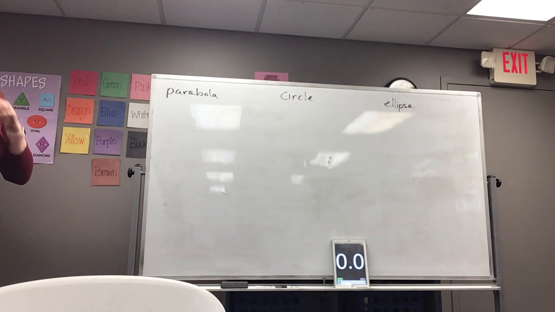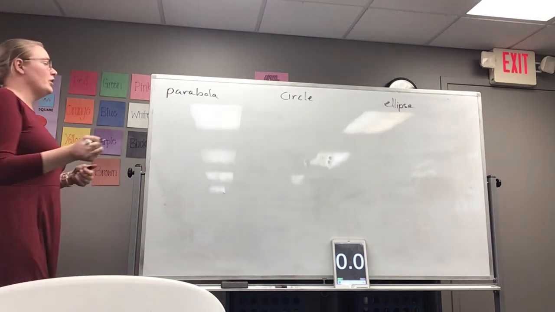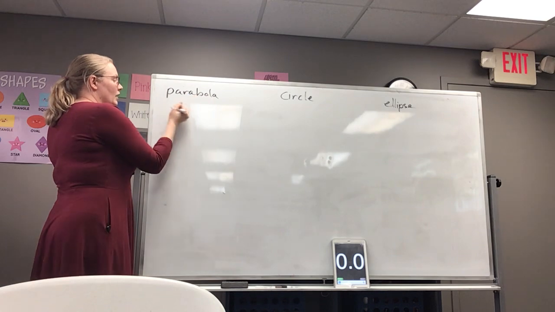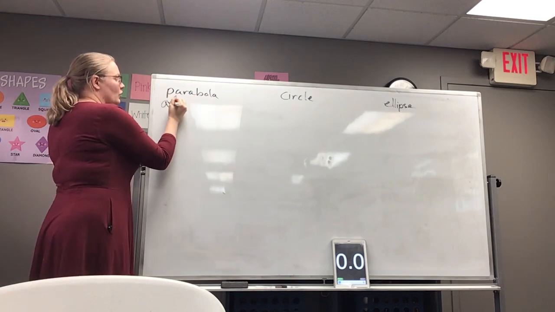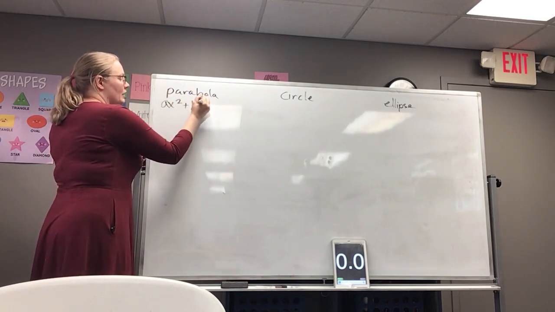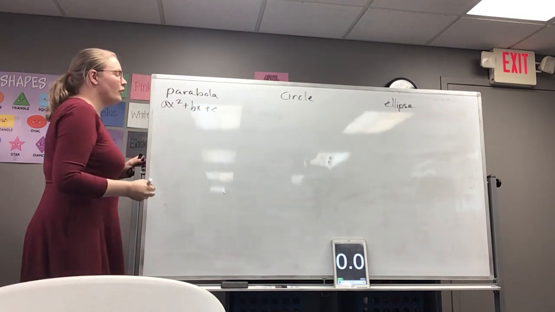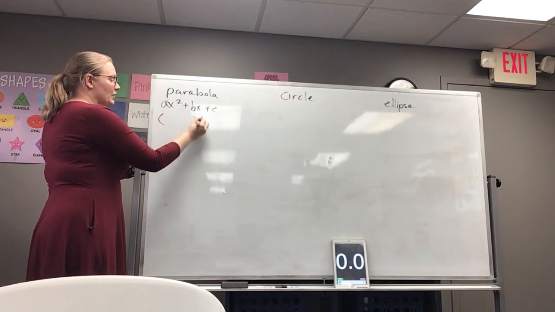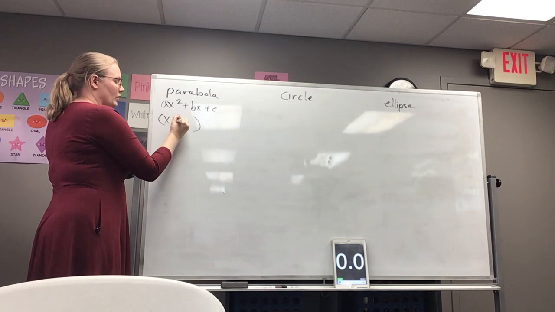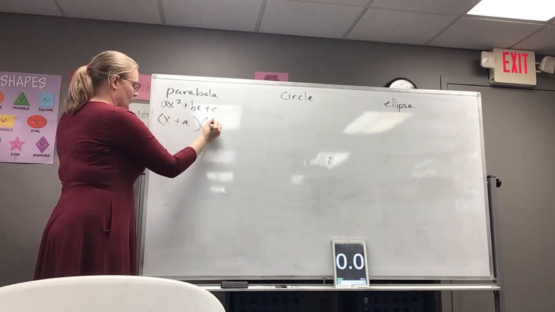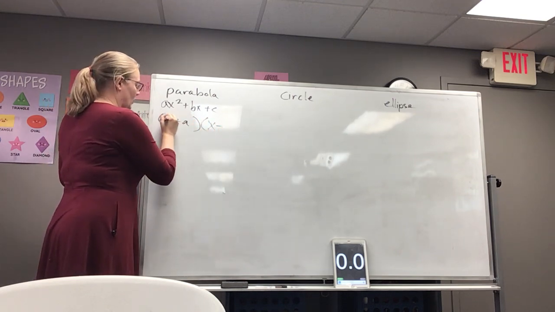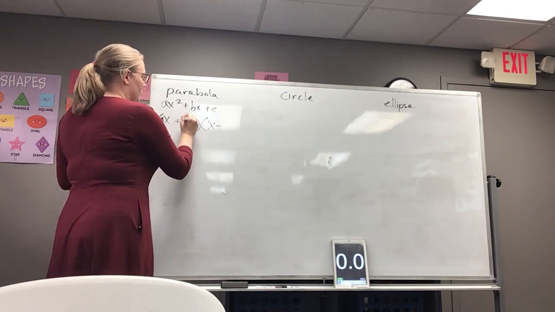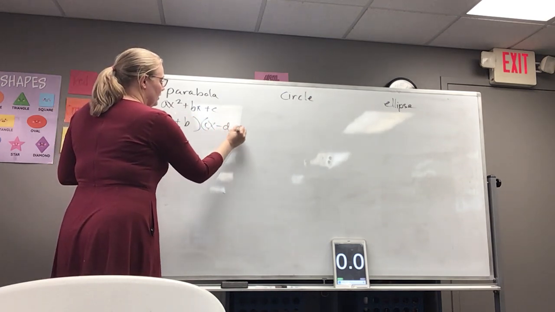So, parabola, again, we've talked about the ax squared plus bx plus c form. We've talked about the factored form, so ax plus b, cx minus d.